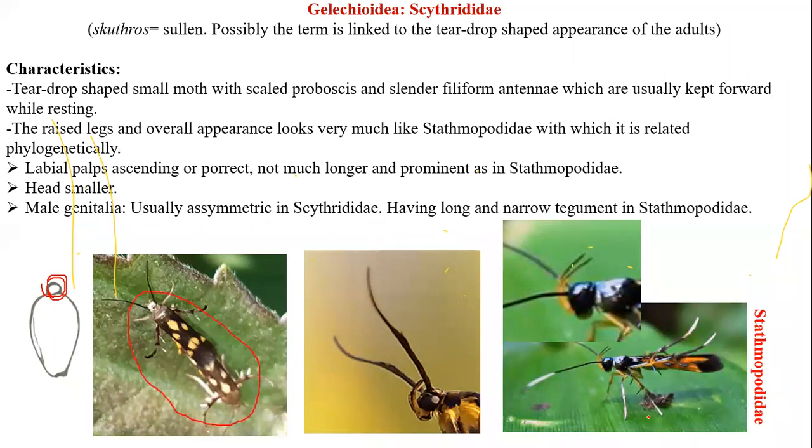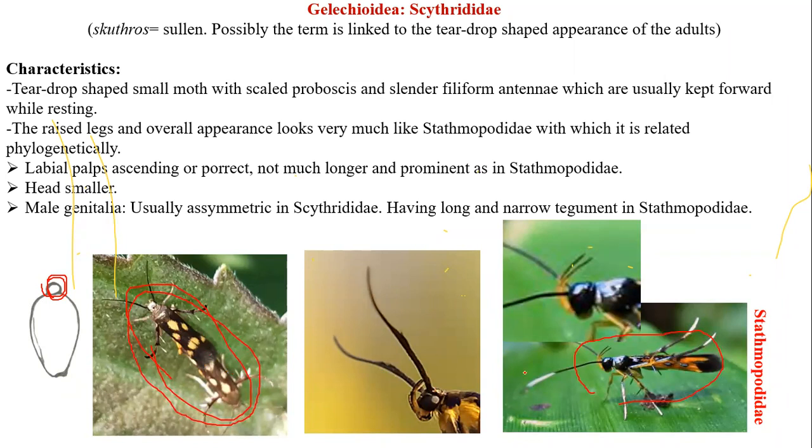Now the question is, whenever we observe this family and other Gelechioidea superfamily members at field level, we often become confused based on their appearance, because you are seeing here that this moth and this moth both are showing elevated legs, and secondly both look somewhat similar in appearance. Now the question is, do they belong to a single family or separate families?